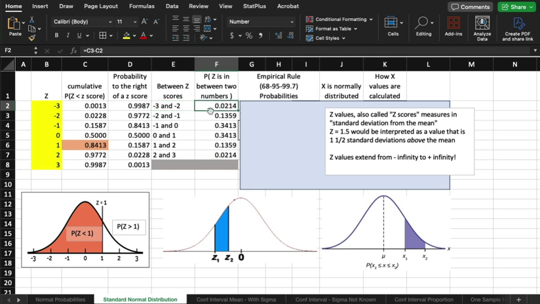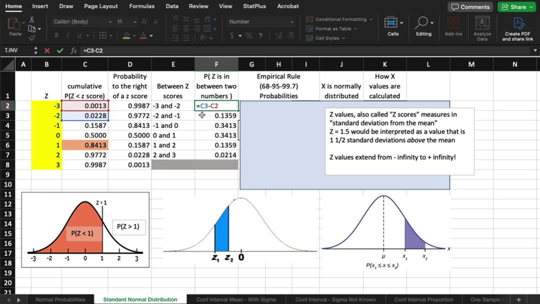So to calculate that probability, let's go over here to column F. This is the probability that z is in between two numbers. We're literally going to subtract. We're going to type equals, and take the number from C3, which was the probability to the left of -2, and subtract C2, the probability to the left of -3. That's going to give us the area in between.